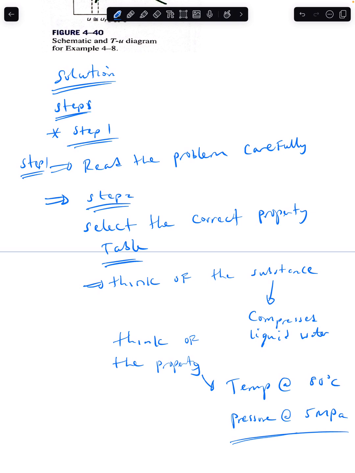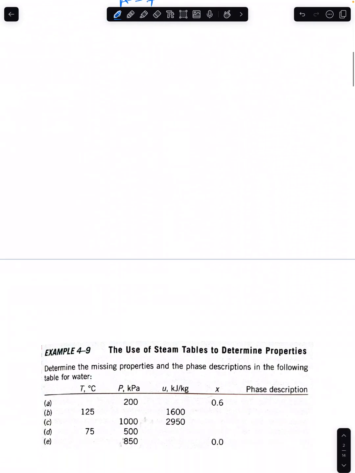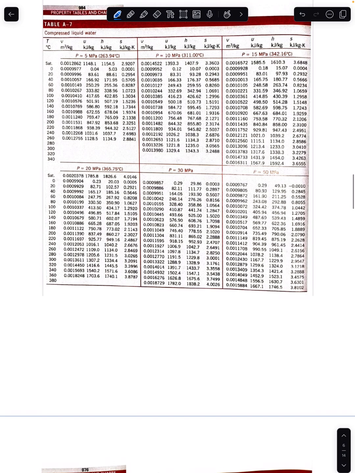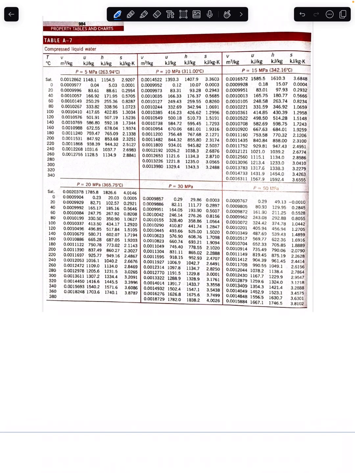Now we look for a property table that has temperature in degrees Celsius and pressure in megapascal. If you look carefully, we are going to use table A7. We have temperature in degrees Celsius and pressure in megapascal, so these are the two indicators for choosing table A7.